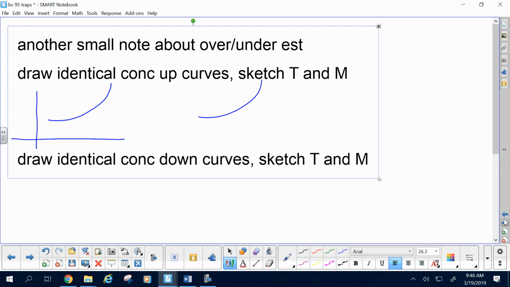Something like this, the best you can, all right? Now, if you were to use trapezoids, here, T stands for a trapezoidal estimate. Let's use just one trapezoid.